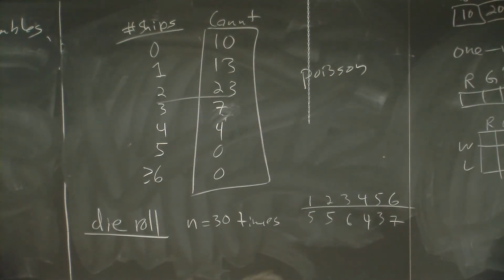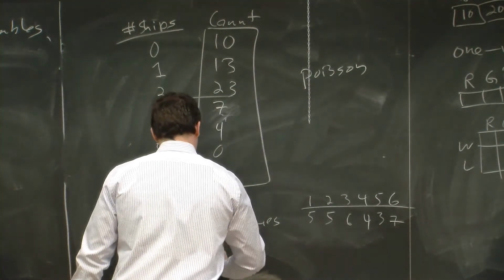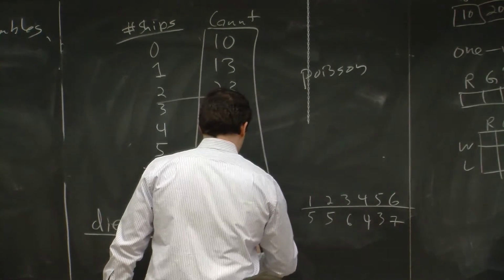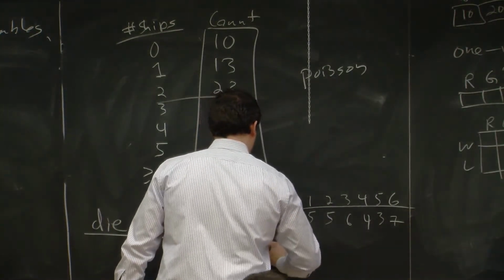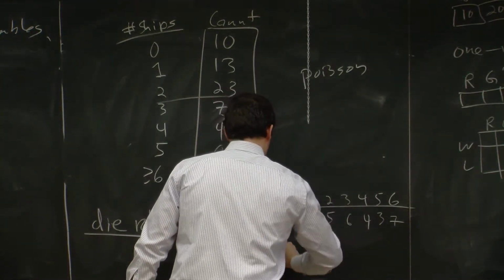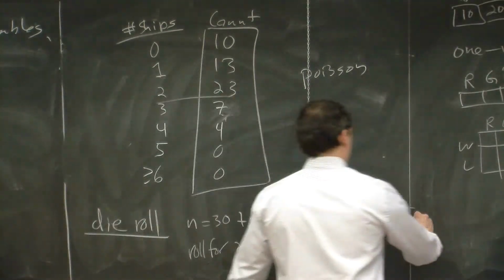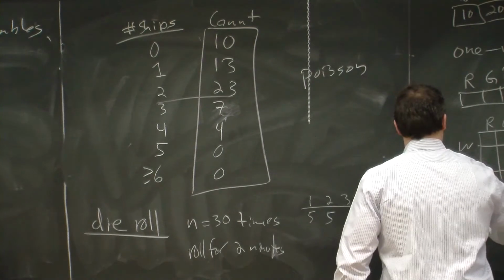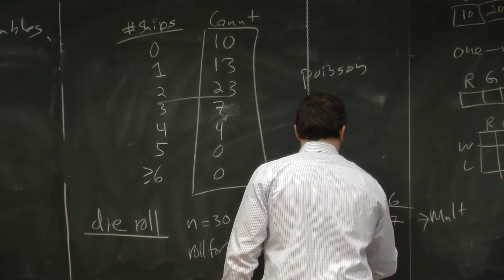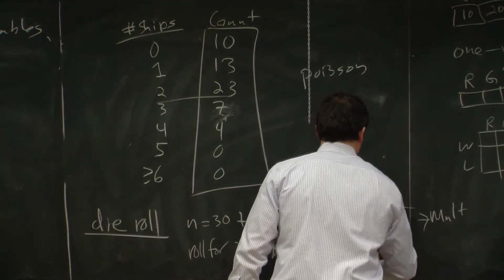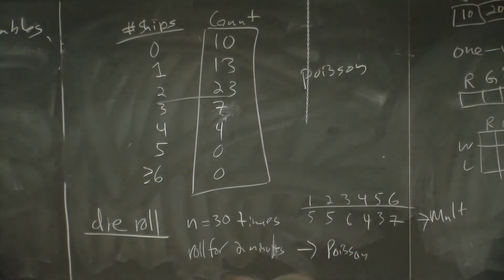Then I'm sampling from a multinomial distribution. If I roll it for 2 minutes and I total it up, then it's Poisson, because in this one the total number of rolls varies.